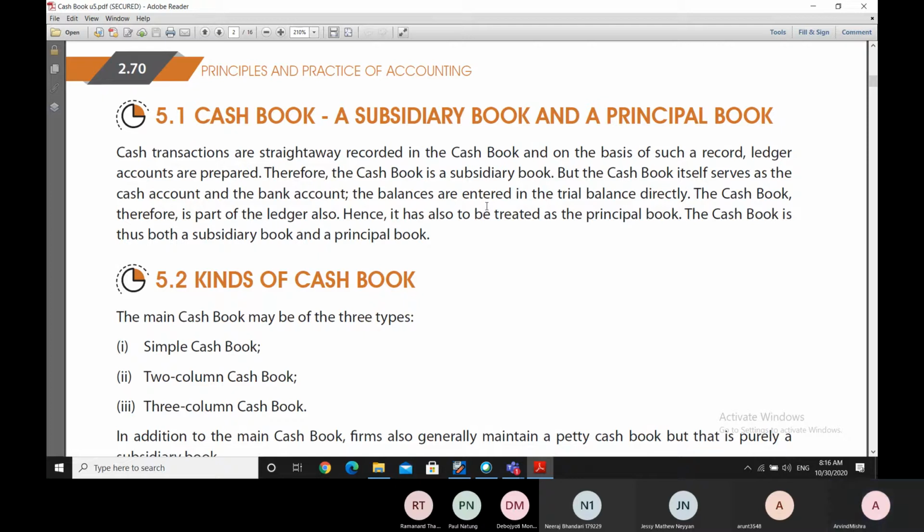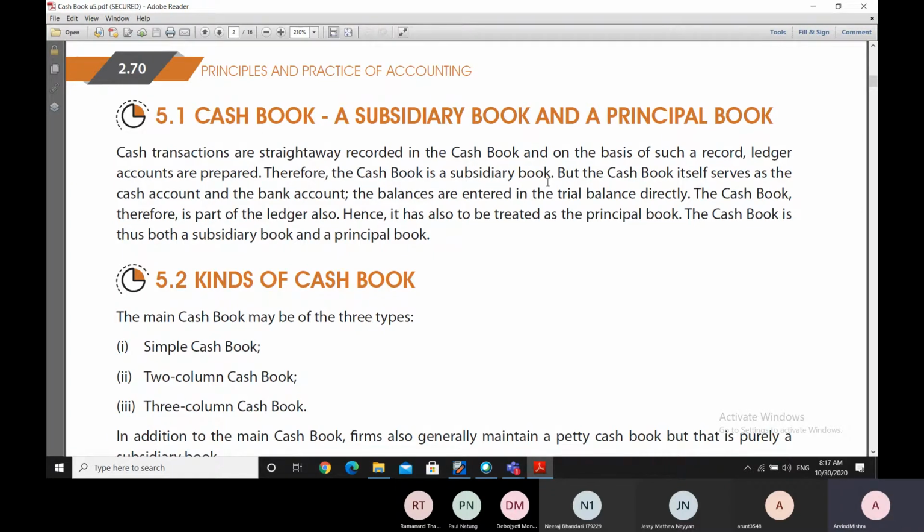Because the cash transaction entries are made into the cash book, therefore the cash book is a subsidiary book. Because from this subsidiary book thereafter, the principal book, which is called the ledger, is prepared.